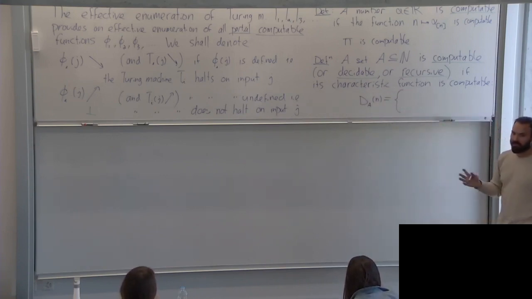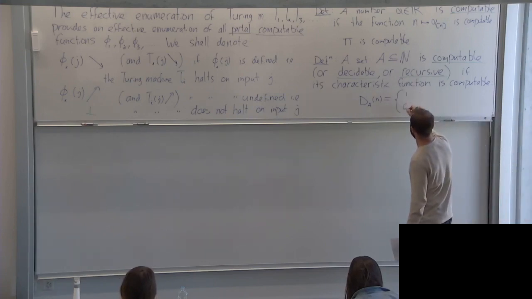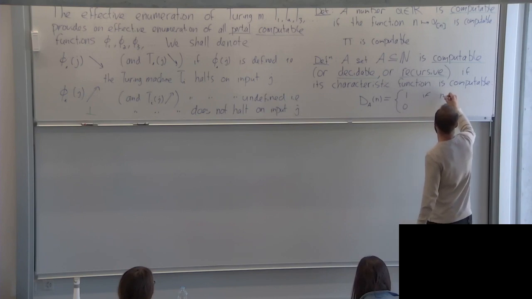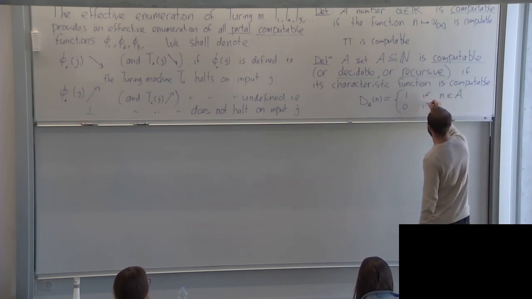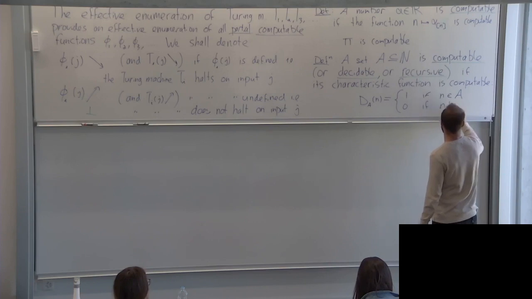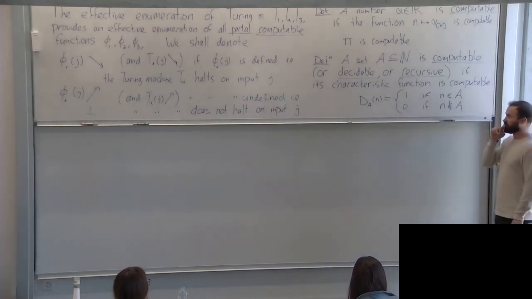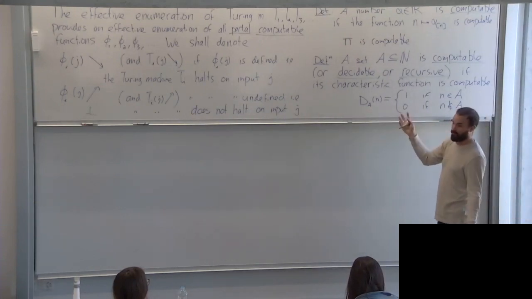A characteristic function of a set is always defined the same way. It's worth either 0 or 1. It's worth 1 if n is in the set A, and 0 if n is not in the set A. Please realize that this function D sub A is actually a function.